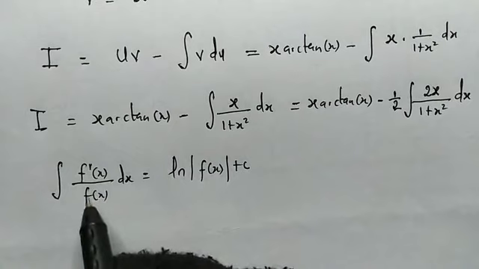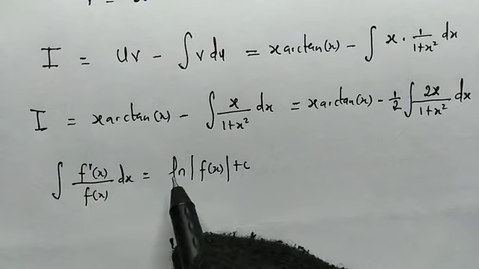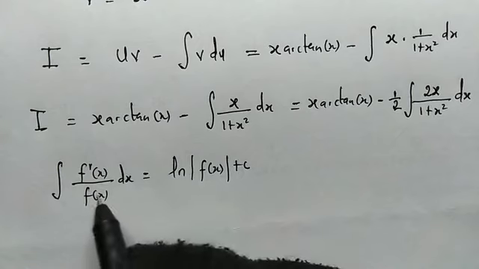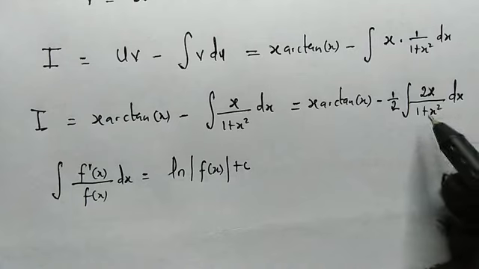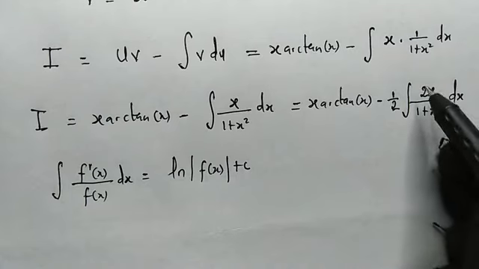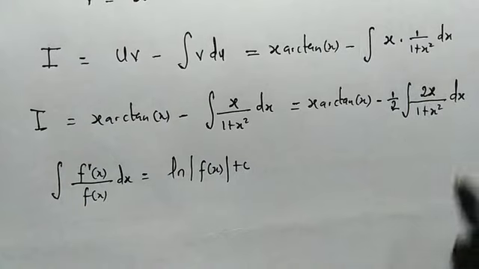When the numerator is exactly the derivative of that function, then the answer is simply the natural log of that function of x. And take a look at this integral right over here. The derivative of the bottom, which is 1 plus x squared, will give us exactly this guy right over here, which is 2x, right?